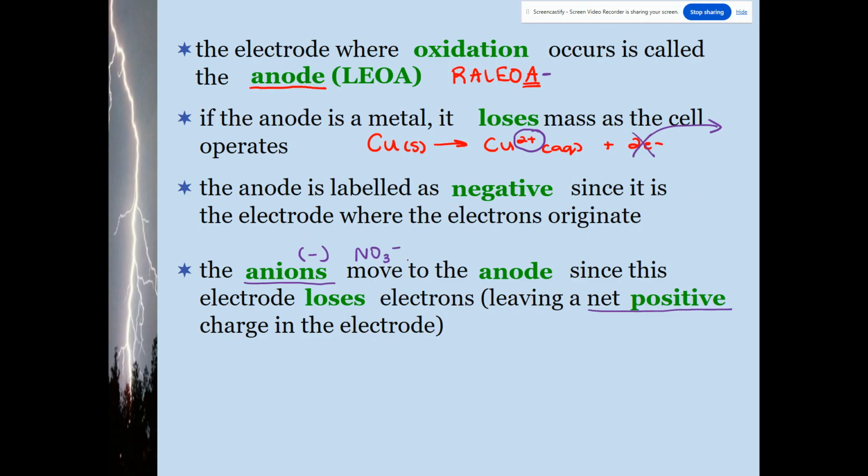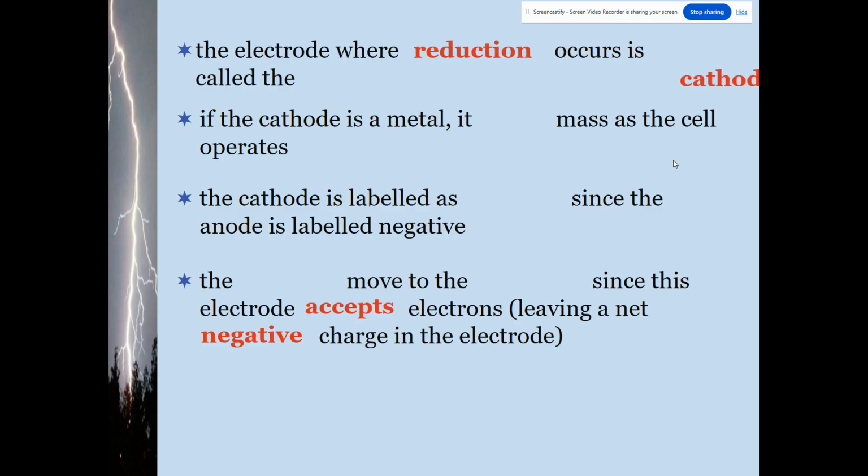If you have nitrate in the solution, that's an anion. The anion is going to be attracted to the anode as the cell operates because, again, chemistry speaking, it starts to build up a positive charge as it produces positively charged ions, and the electrons are leaving, being gained at the cathode.